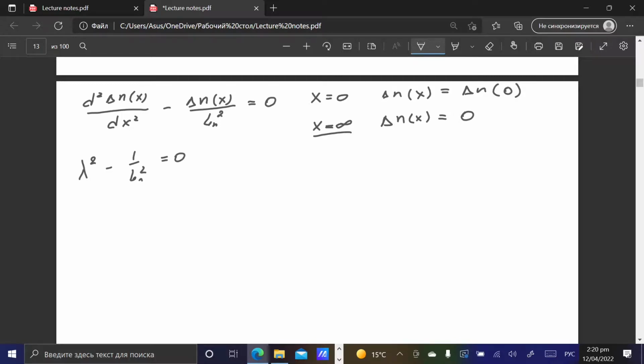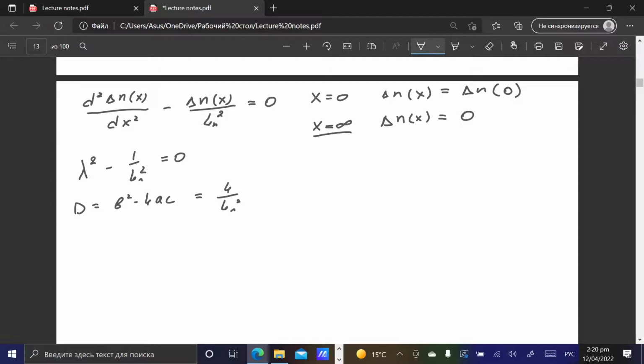It's actually a quadratic equation, and we need to solve it. So how do we solve it? We have the discriminant, which is b squared minus 4ac, considering its coefficients a, b, c, and that will be 4 divided by Ln squared.